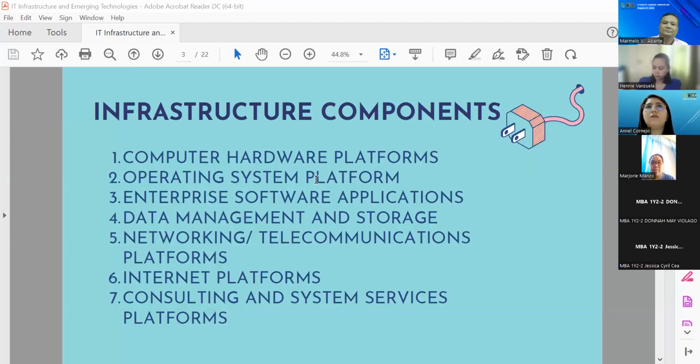Thank you. So what are the infrastructure components? We have seven: the computer hardware platforms, the operating system platforms, the enterprise software applications, data management and storage, networking and telecommunications platforms, internet platforms, and number seven, which is often overlooked but very important, the consulting and system services platforms.